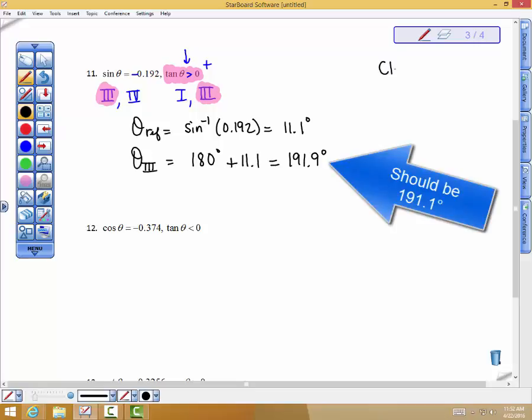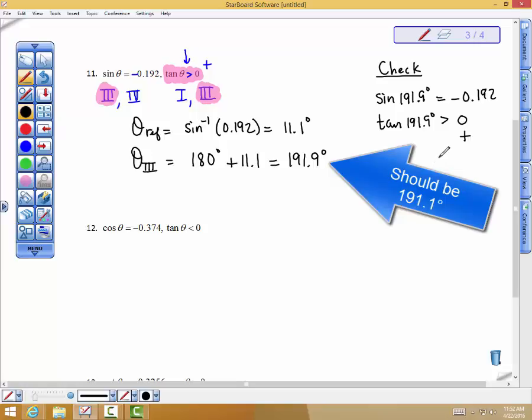And your check for this one is a bit different. You want to see if the sine of 191.1 degrees is approximately negative 0.192. But you also want to see if the tangent of 191.1 degrees is greater than 0, or is it just positive? I don't care what the value is, I just want to know if it's positive.